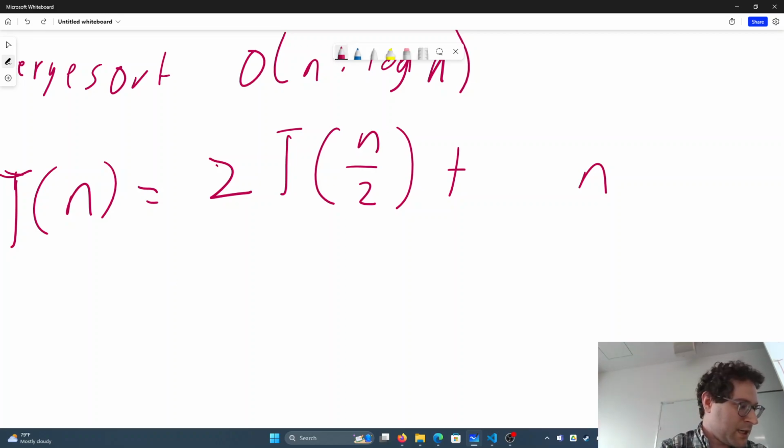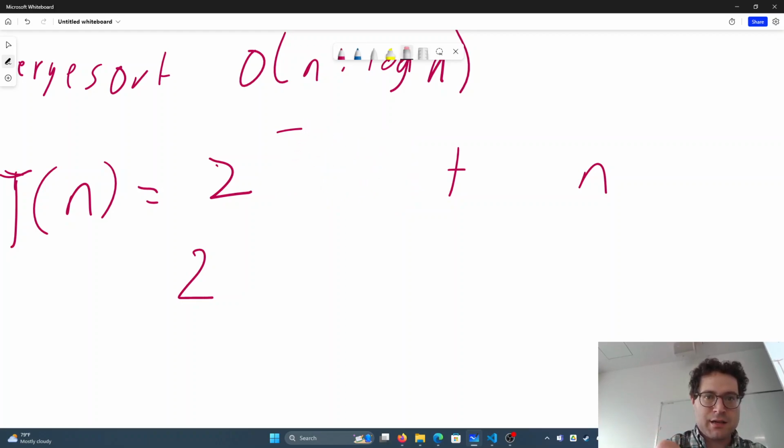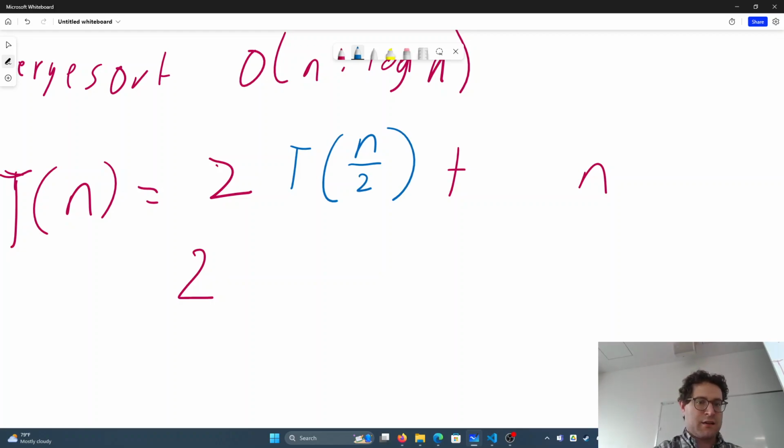So we need 2, and I'm going to go ahead and rewrite this just a bit. So give me a second. I'm going to use a different color for a second. So we have 2T(n/2) operations.